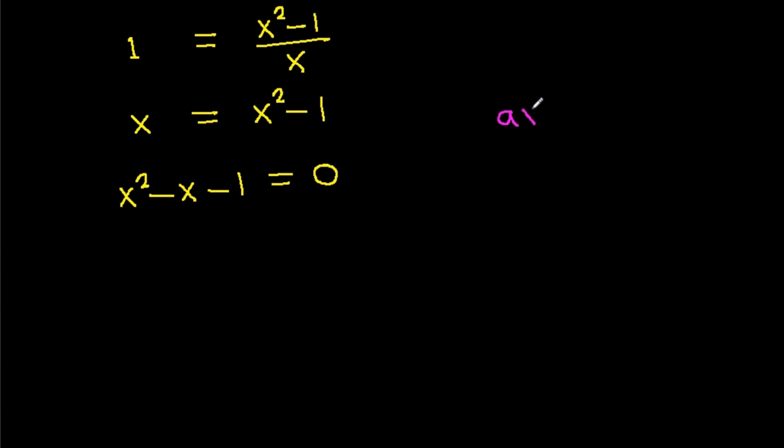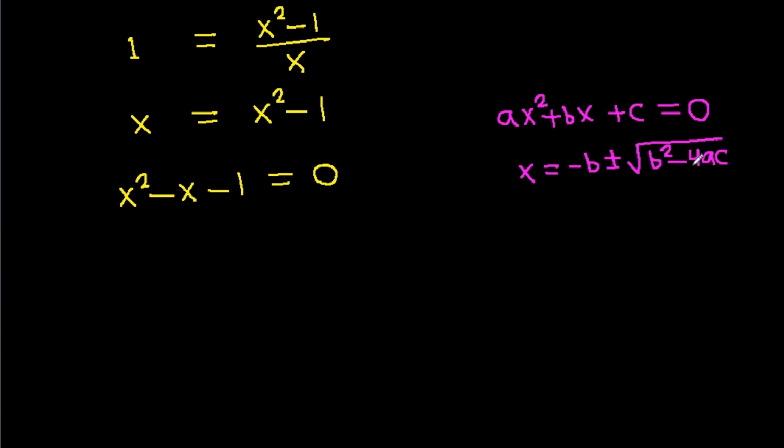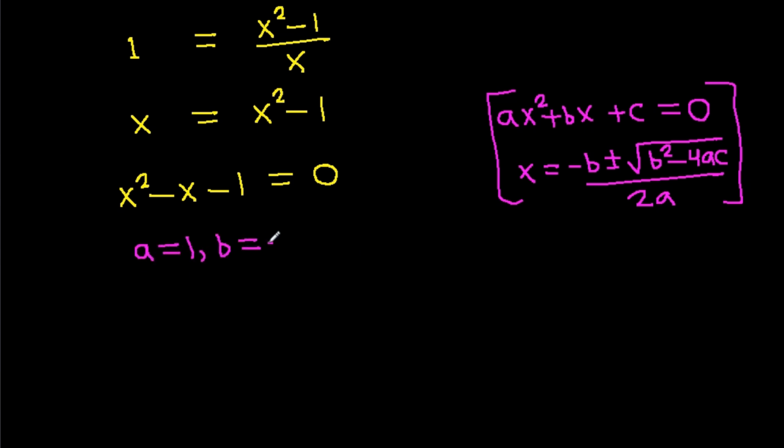And for the equation ax square plus bx plus c is equal to 0, x is equal to minus b plus minus square root of b square minus 4ac by 2a. And here a is 1, b is minus 1, and c is minus 1.